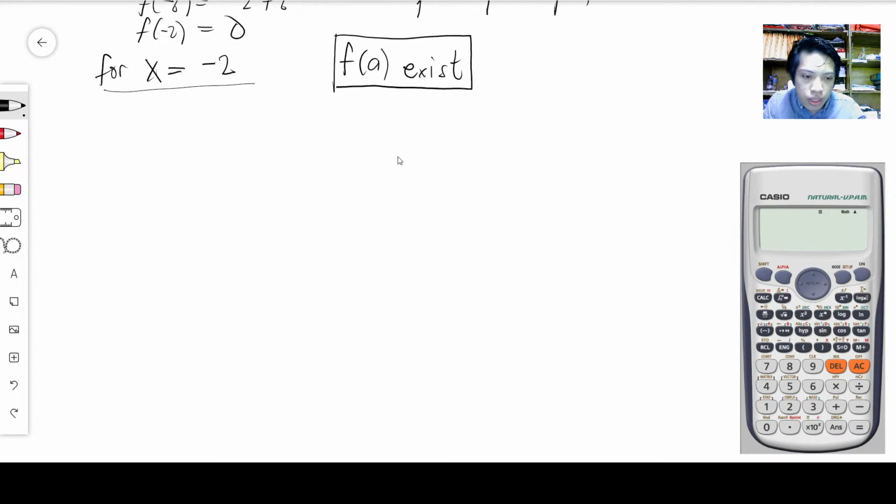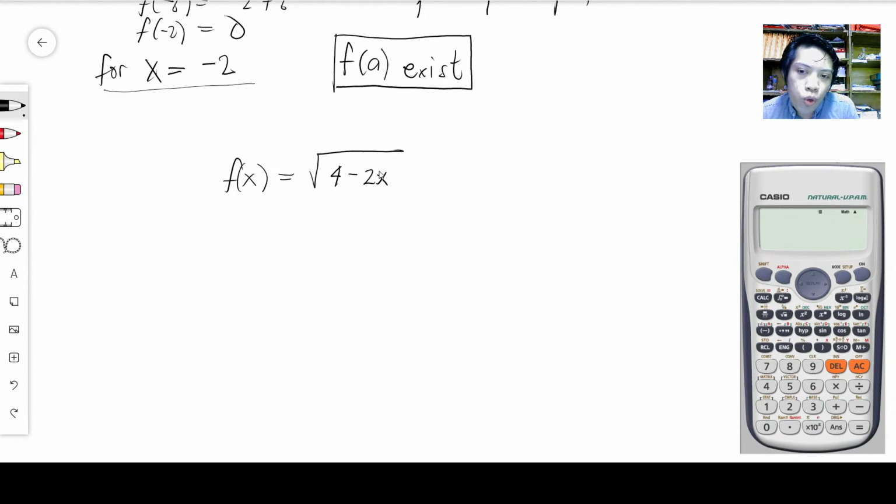Because, for example, we have another example. Say, for example, we have f of x is equal to the square root of 4 minus 2x.